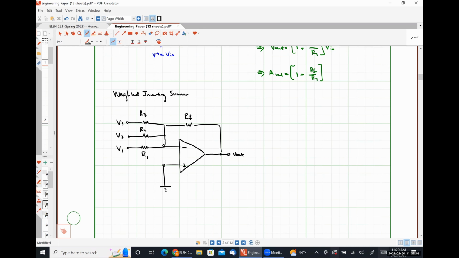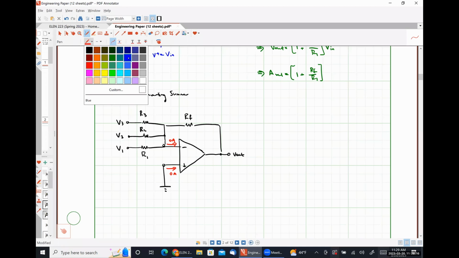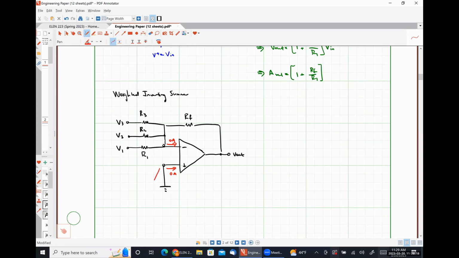The out. And once again, just going through the simple three-step process, we know that we have 0 amps flowing into the input terminals. We can see by simple inspection that the voltage present at our non-inverting input terminal is 0 volts, which means the voltage present at our inverting input terminal must also be 0 volts.